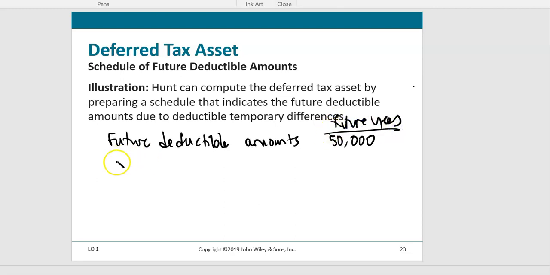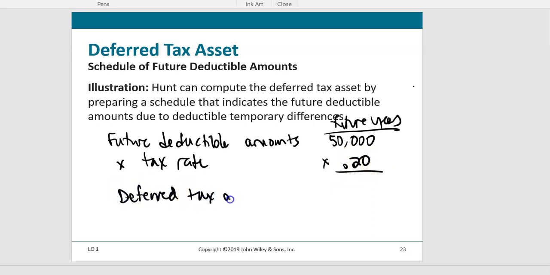We know it's just 1 year out. Multiply this by the tax rate of 20%. And this gives us our deferred tax asset at the end of 2020 of $10,000.